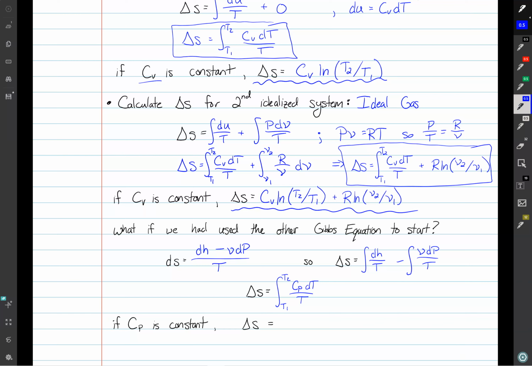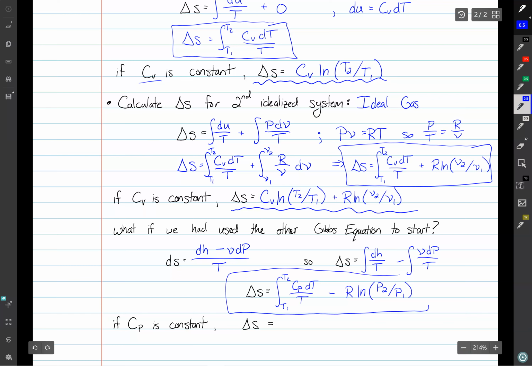So V over T is equal to R over P. So this will be minus R times the natural log of P2 over P1. So this is an equivalent equation to the one that we have boxed up above, again for an ideal gas.